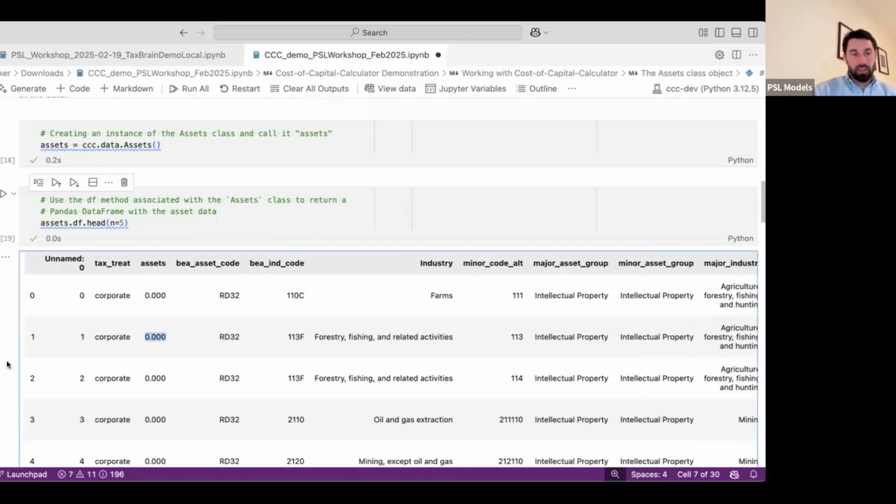Okay, so for instance, the second row I've highlighted here is corporate tax treatment in fishing, forestry, and related activities. And the asset category is intellectual property. And there, I guess, in the BEA table, there are $0 attributable to that bucket.